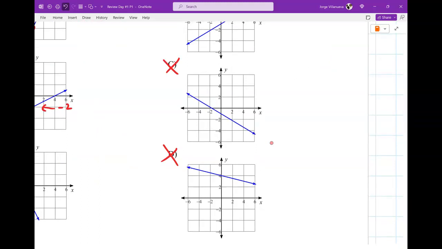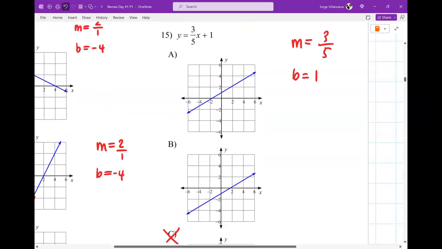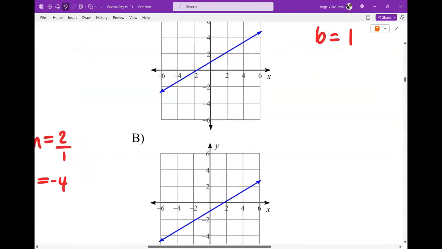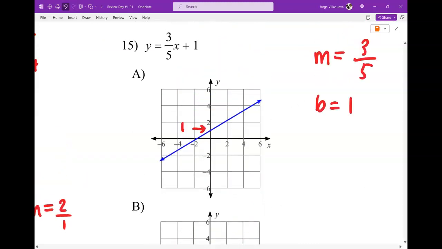All right? So now it's either one of these two. How do I know which one to pick? Yeah, which one's at the y-intercept of 1? So if I look, this one is at -1. This one's at +1. So it has to be A.